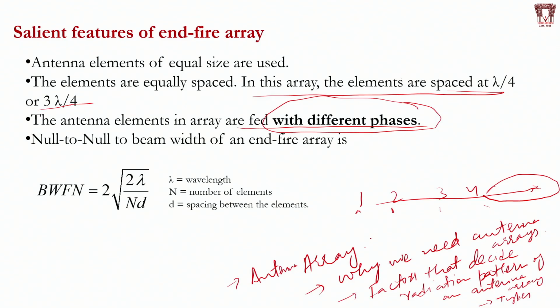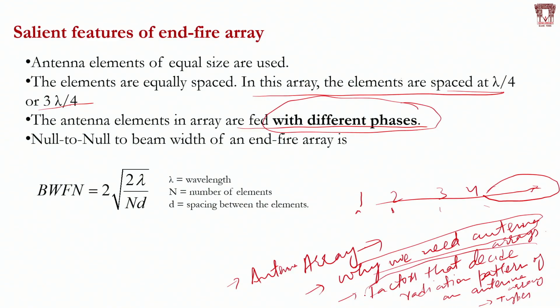Okay, what we mean by antenna array is nothing but we are just combining or using a set of 2 or more antennas. Why we need antenna arrays? Just to get improved performance, like we want more gain, we want more directivity, we want more bandwidth.